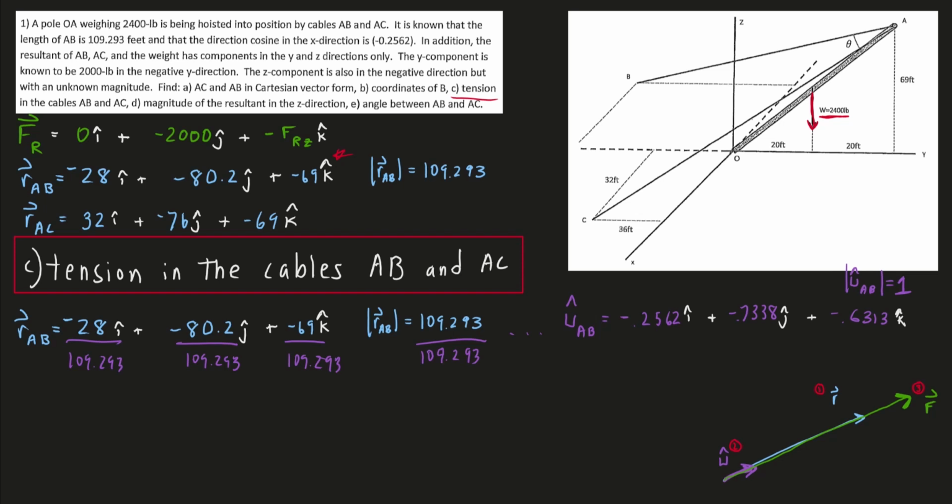And now I'm going to multiply this vector by the magnitude of the force that is activated in this rope, which we do not know. So I'll just treat it as a symbol here, a variable, FAB. So this number will get multiplied into each one of these. And that will be our force vector AB.